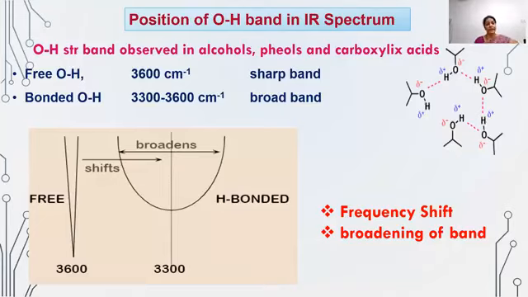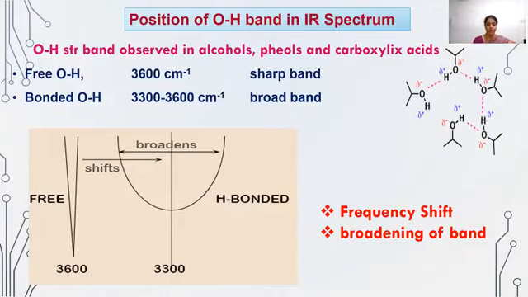Now we come to the second functional group, the position of the OH band in the IR spectrum. OH is also an important functional group which can be detected by IR spectrum.